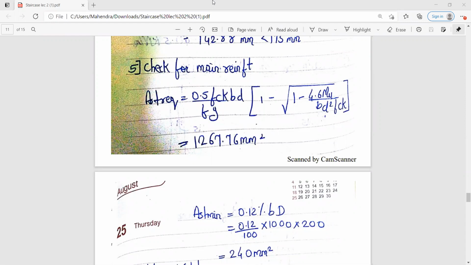So do up till here. Then we shall proceed further. Calculate AST required and AST minimum. Then we need to calculate the spacing.